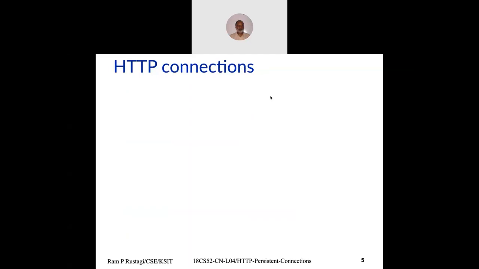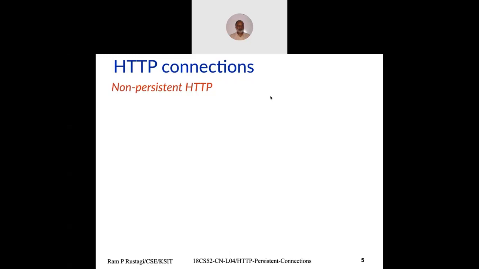Now let's come to our topic today, which is persistent connections. The main difference between HTTP 1.0 and 1.1 was primarily the persistent connection. When you make an HTTP request, the browser first sets up a TCP connection, and on the TCP connection it sends the HTTP request and gets the data.